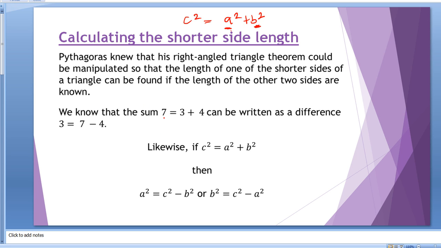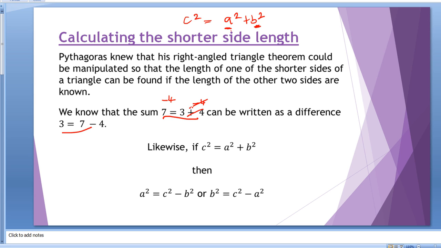So we go on to look at how that actually works, remembering that 7 is the same as 3 plus 4, but it can also be written as a difference. And basically what's happened to change this into this is that 4 has been subtracted from both sides.